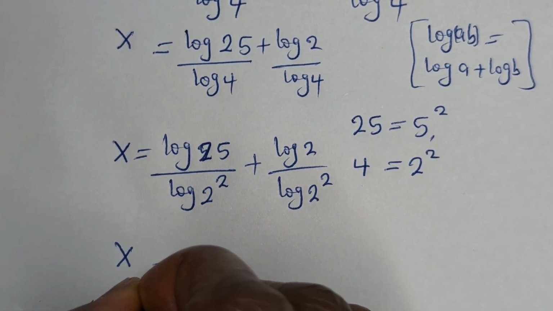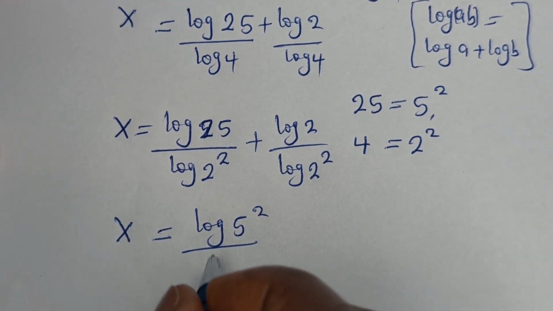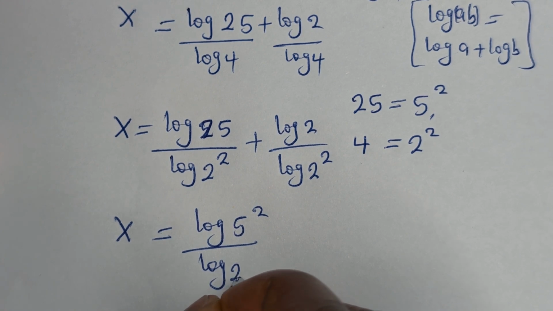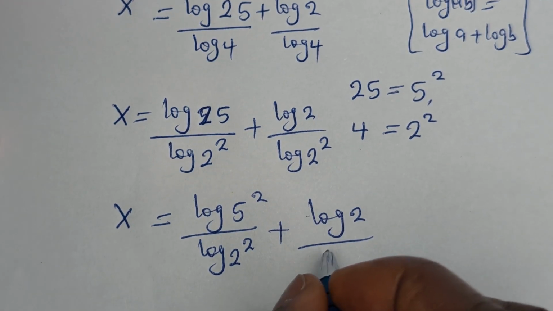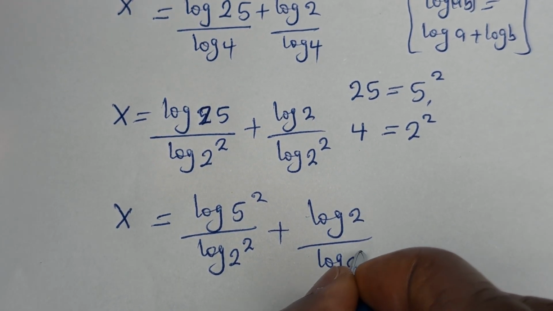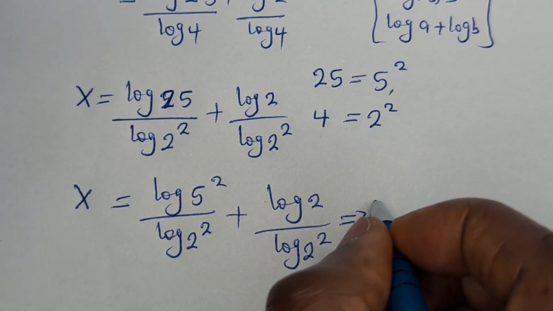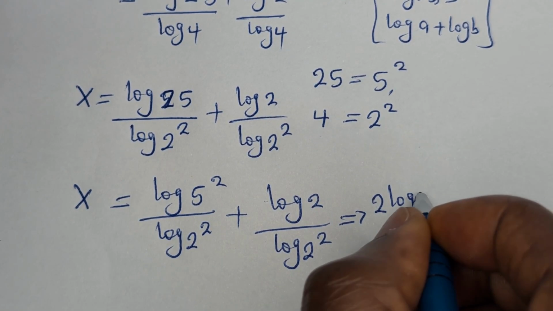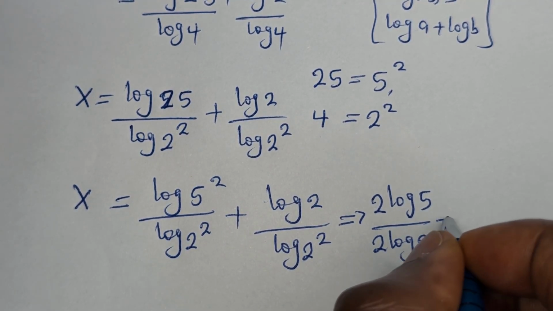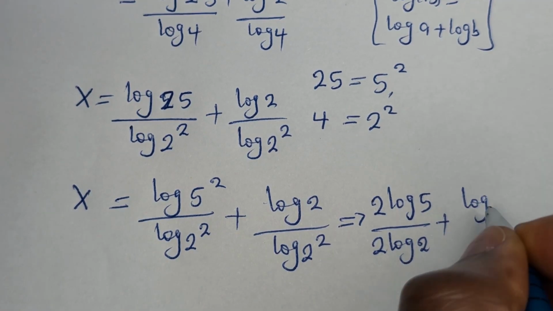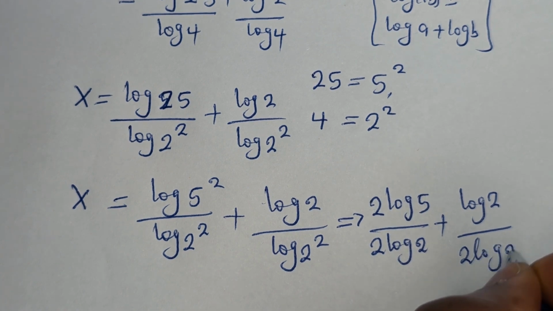Then x is equal to log 5 square over log 2 square plus log 2 over log 2 square. And this is the same thing as 2 log 5 over 2 log 2 plus log 2 over 2 log 2.